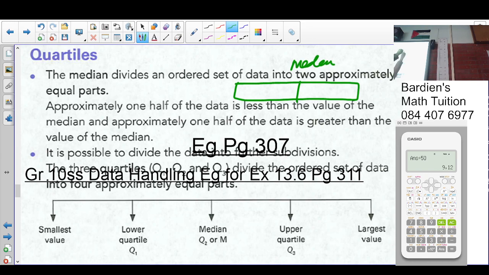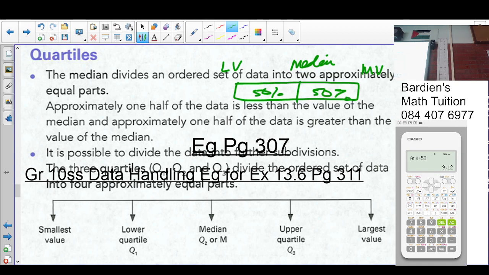Okay, this is your lowest value and this is your maximum value, or your highest value. So here they say the median divides the data set into two equal parts, 50% there, 50%. Why? Because your median is your halfway mark.